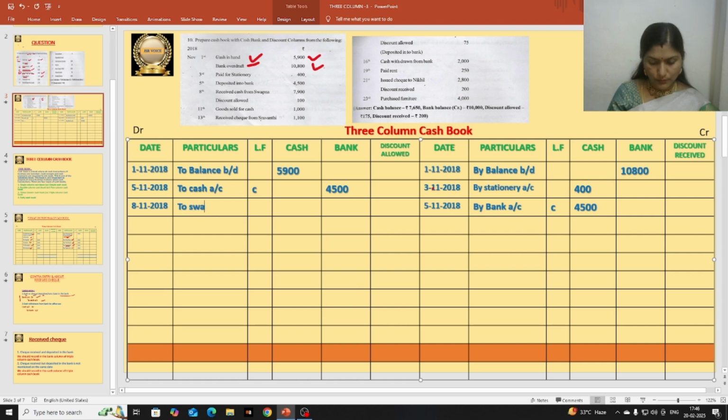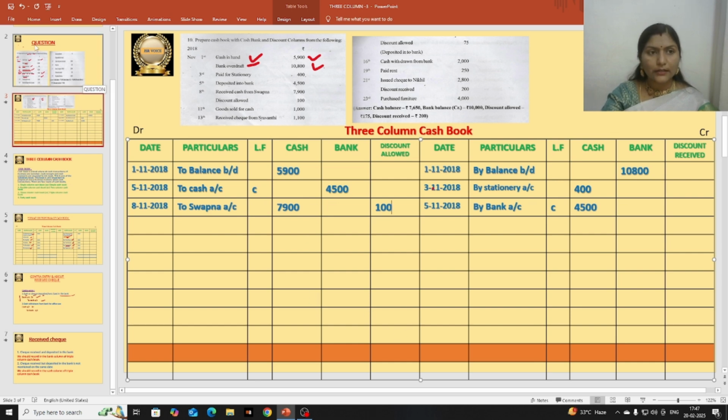Here we are receiving cash from Swapna, so where will we put the amount? In the cash column. How much is it? 7,900. And discount is also given, that is 100 rupees. You can see it here at the top in the question. So in the discount column, 100. Okay, this transaction is posted.